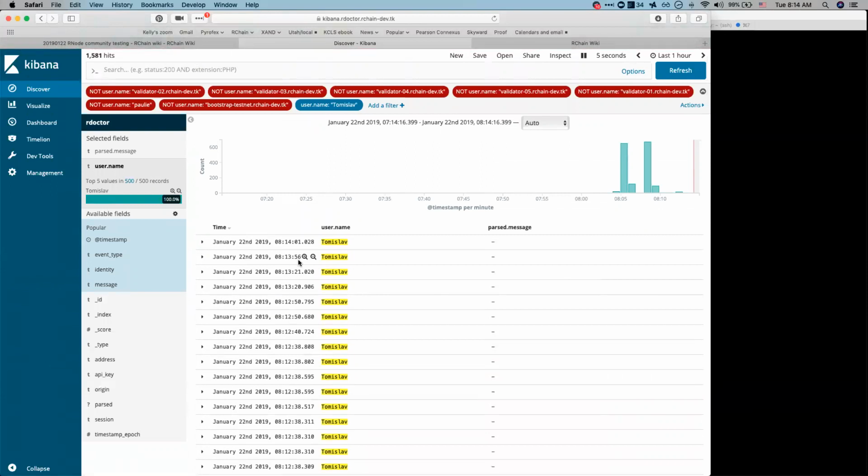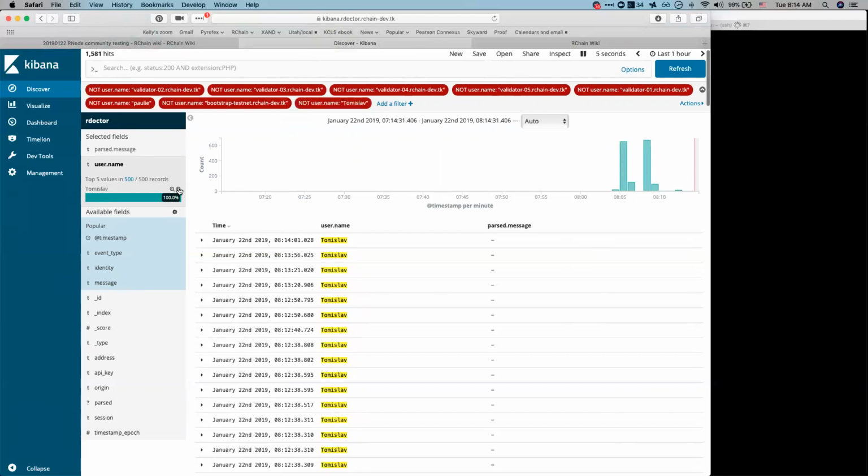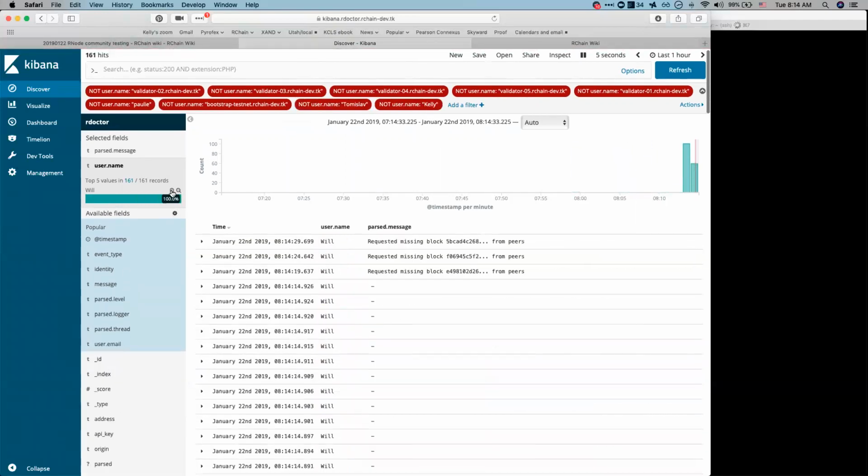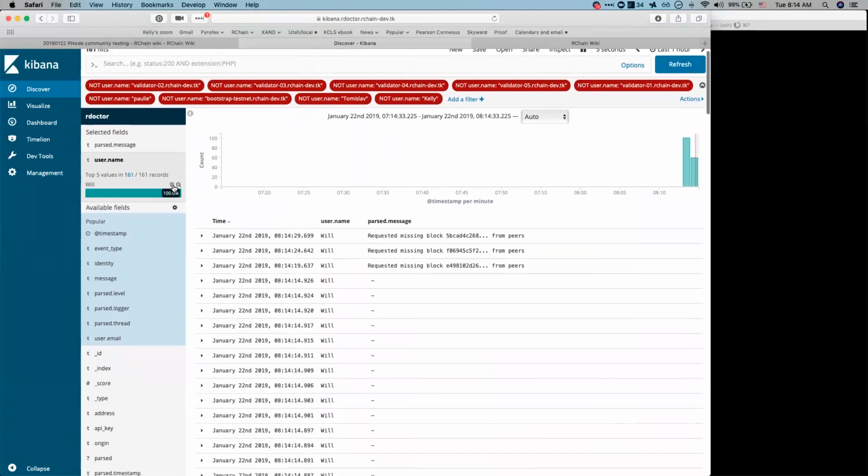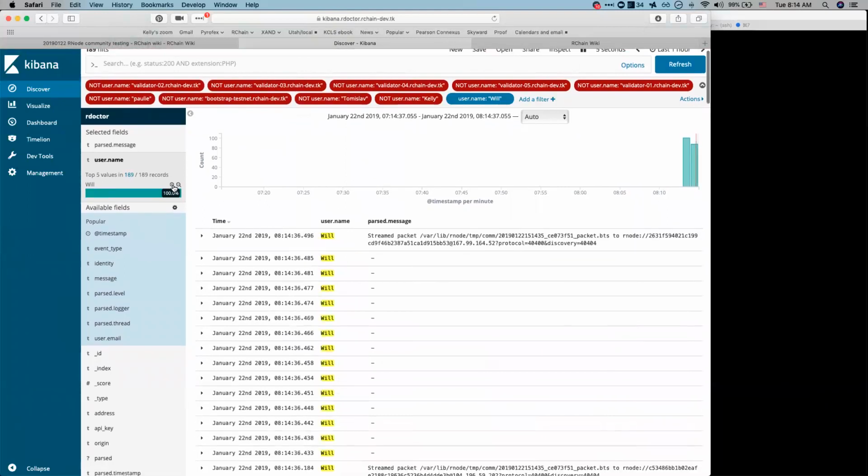When I first started RNode, this is the first log that is uploaded. Okay. By the way, when you are saying parsed message, it's message. It's not from Golang. The dashes could be output from Golang.